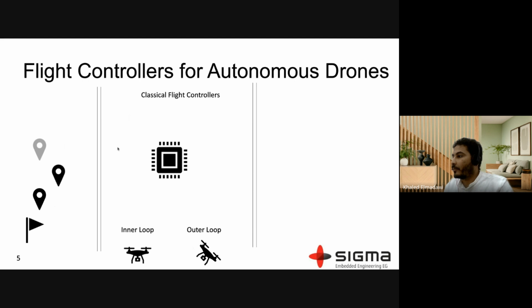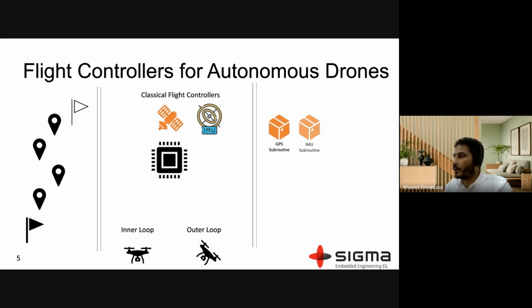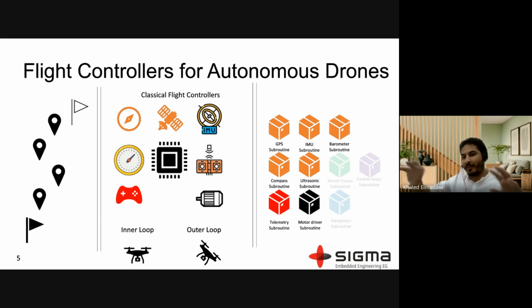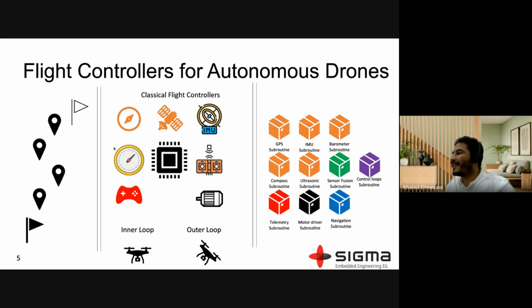Let's take the same example that we took in the last slide, and this example will propagate with us through the next slides. If we want to go from point A to point B, then simply the microcontroller will be required to observe the longitude and latitude of the drone from the GPS sensor.